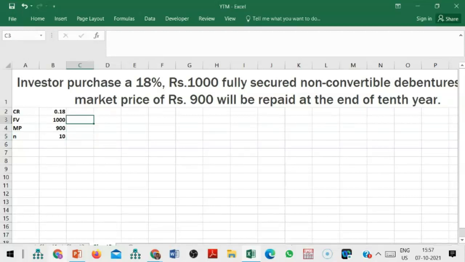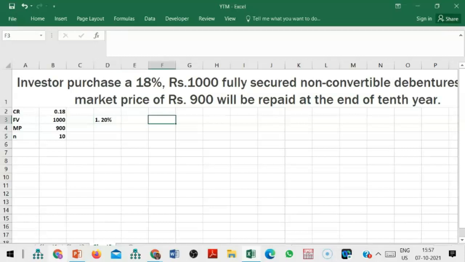If there is a huge deviation between the face value and the market price, you can take the higher value. If it is not a huge difference, you can go ahead with the lower value. The first trial, I'll work out with 20%.